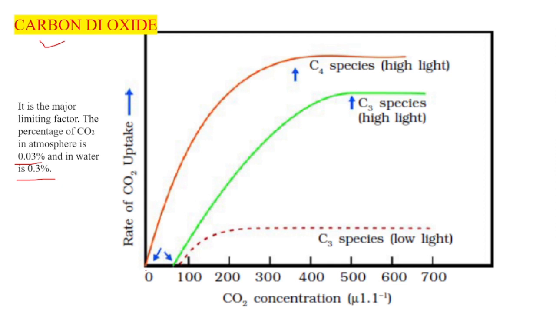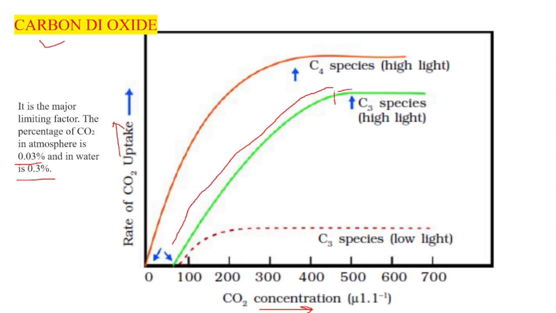Here if you see the graph, it shows the rate of carbon dioxide uptake against carbon dioxide concentration. First we will see C3 plants. As the carbon dioxide concentration increases, uptake also increases, but it comes to a particular point, and at this point there will be no further increase in the rate of CO2 uptake.